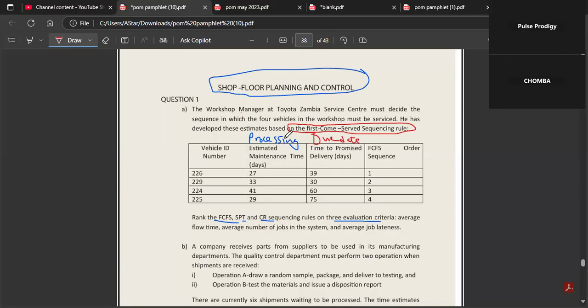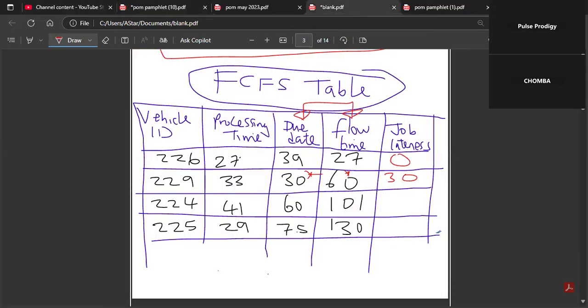When you have this table in an exam, regardless, this is the vehicle ID, this is how the vehicles arrive. So processing time, the due date, you've seen the due date, right? Is that okay? Vehicle ID, processing time, the due date. Then I've incorporated the other things, which are those? The flow time and the job lateness.